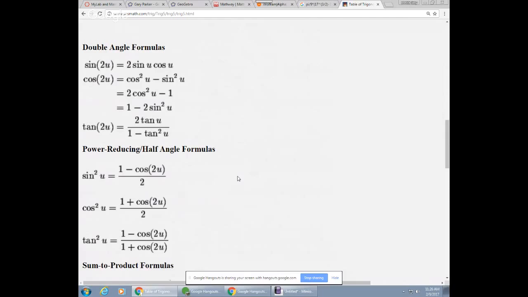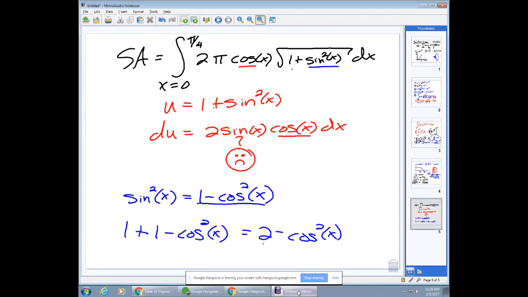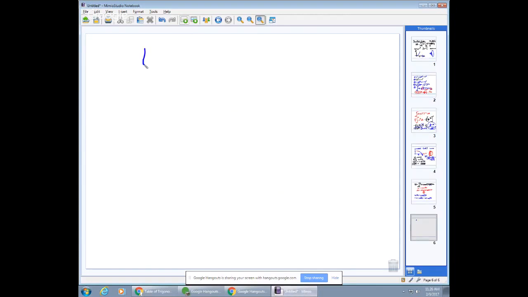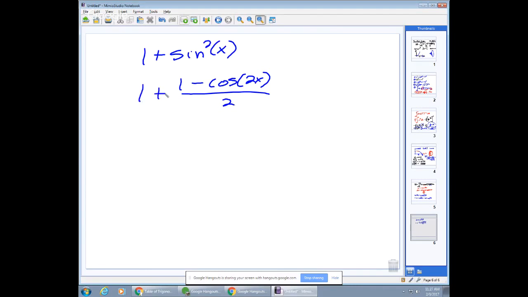Okay, so what is it? It says 1 minus the cosine. So new page. We're trying to deal with 1 plus the sine squared. And we just saw an identity that says the sine squared is 1 minus the cosine of 2x all over 2. And I have a 1 plus right out front there.